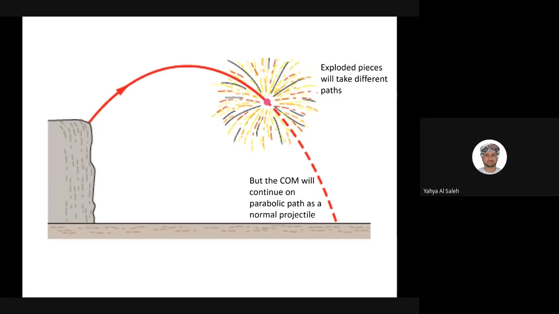Fireworks. Something that is common in our national holidays. Now, what happens is fireworks are basically a small canister, right? A small box. You launch it at a certain trajectory up until some point when it explodes.